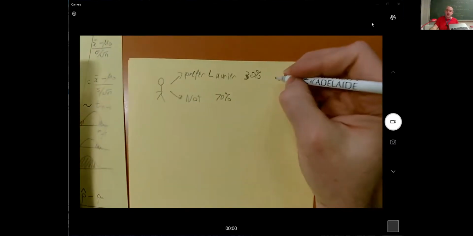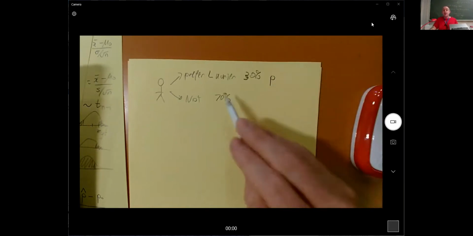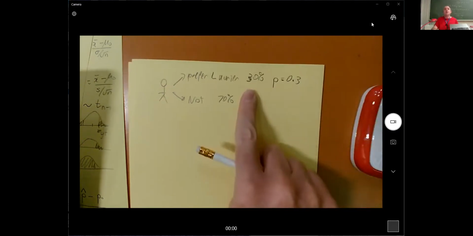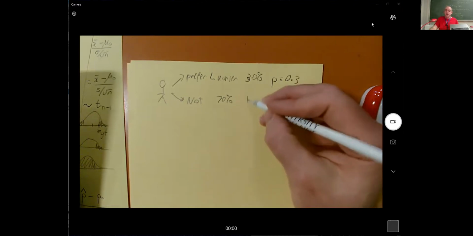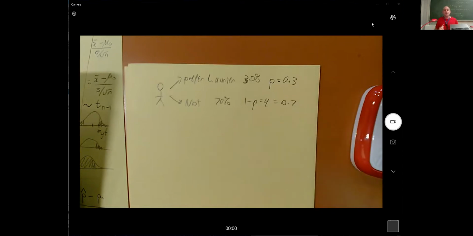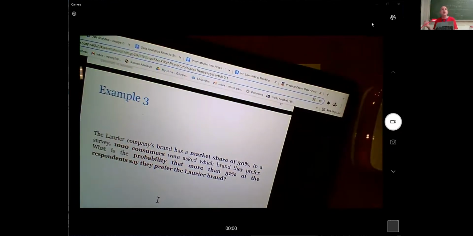And that's telling me that the probability of picking a random person and then preferring Laurier would be 0.3, because that's the 30%. And the 1 minus P, which is the same as Q, is the 70% that's left. Okay, that's an individual person, and this first sentence tells me that information. If I pick an individual person, the chances of them preferring Laurier brand is 30%.